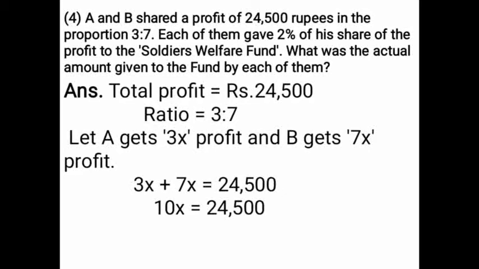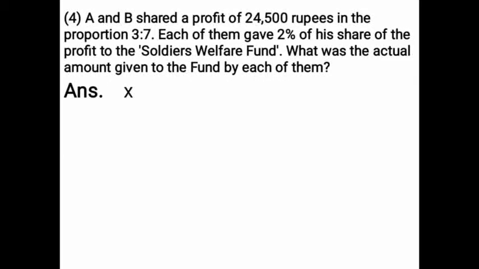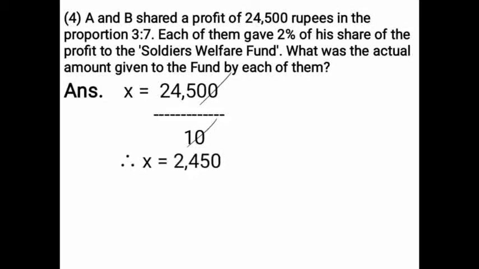Number 10 which is there on left side with variable x, take it on the right side, and number 10 will go on denominator. This way, x is equal to 24,500 upon 10. 0 0 get cancelled. Therefore, x is equal to 2,450. Now x value got 2,450.